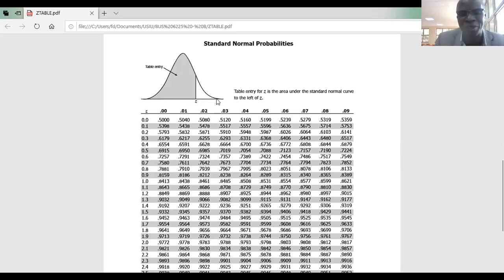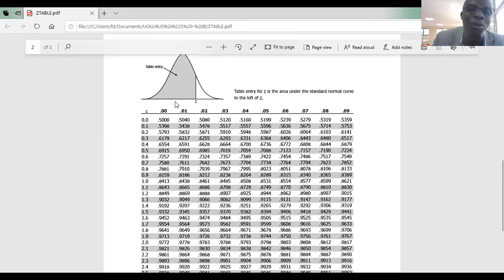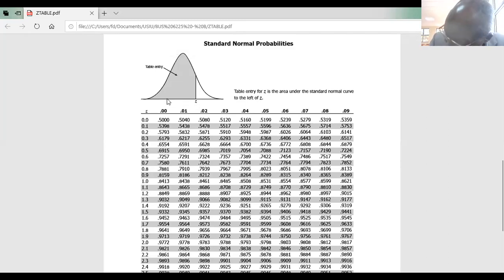Everything this side is positive. If this area is 0.1 and this area is 0.1, it means that this Z here must be equal to the Z here. Is that true? So if this Z is Z 0.1, then this one must be negative Z 0.1. Is that true?